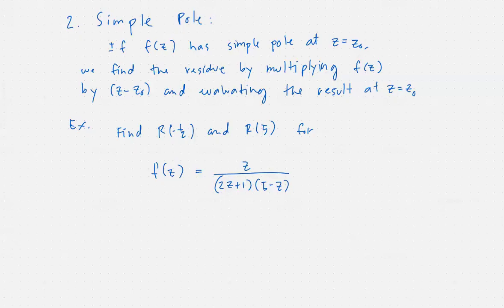So z minus z sub 0, where z sub 0 is negative 1/2, is going to be z plus 1/2. And then we multiply it with f of z, which is z over 2z plus 1 times 5 minus z.